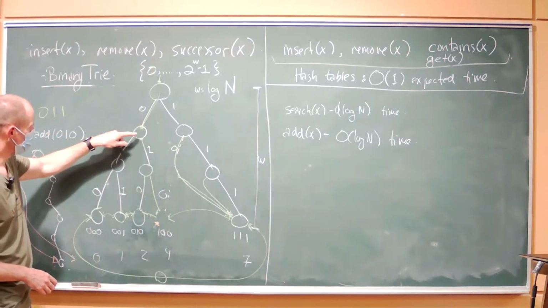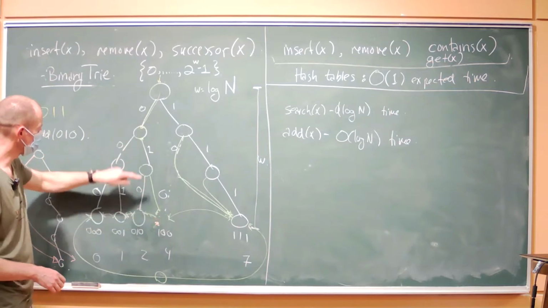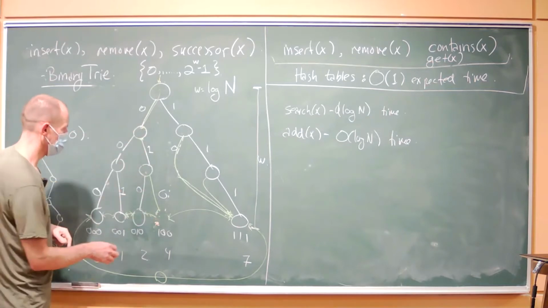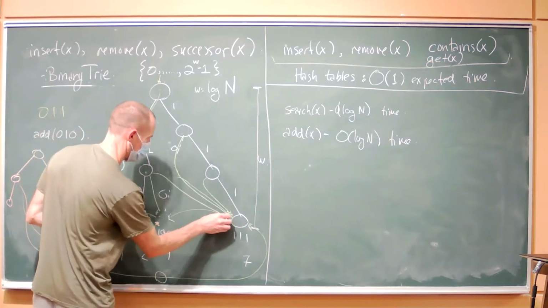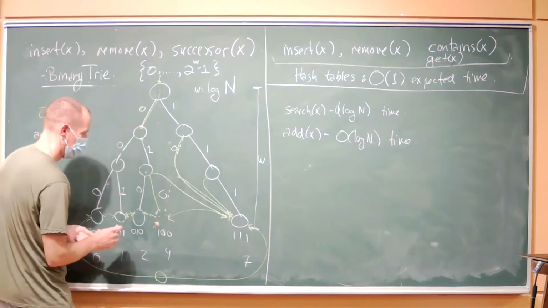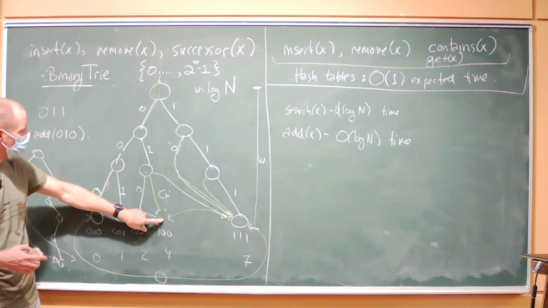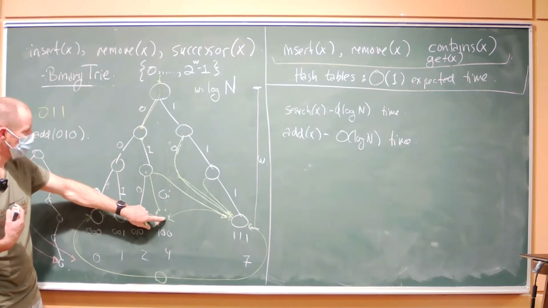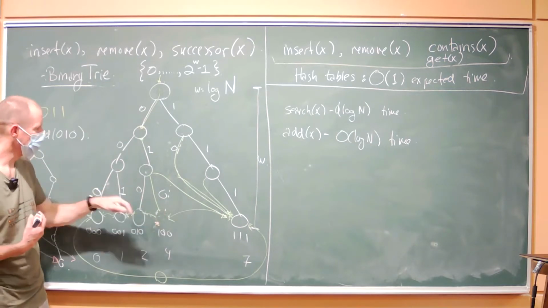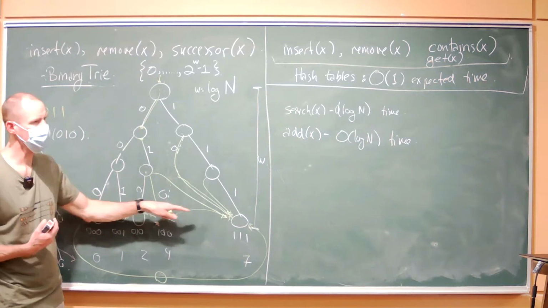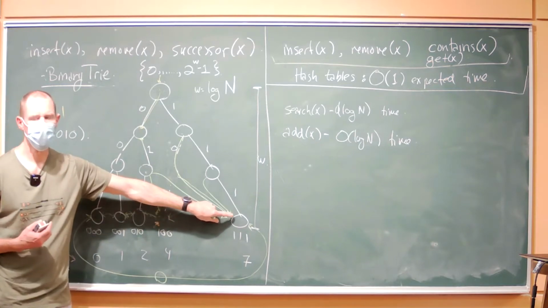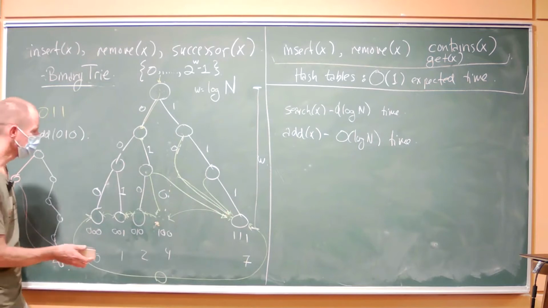And there were some over here that pointed to this thing. In fact, this one here. And you can do that because they all pointed to this, which you just deleted. So now they're all going to point to the next thing that's bigger than this, which was the next thing in the linked list after this.